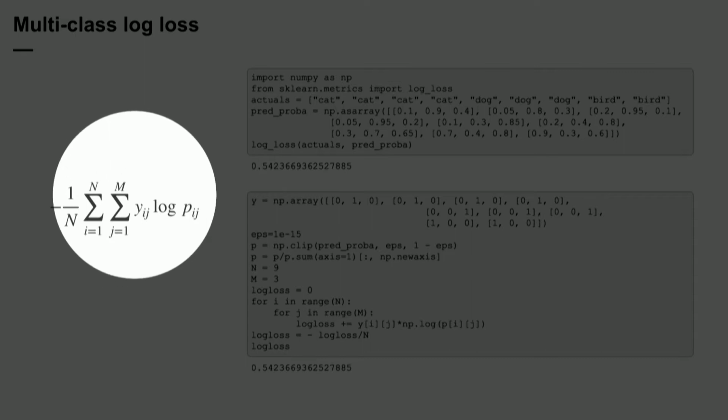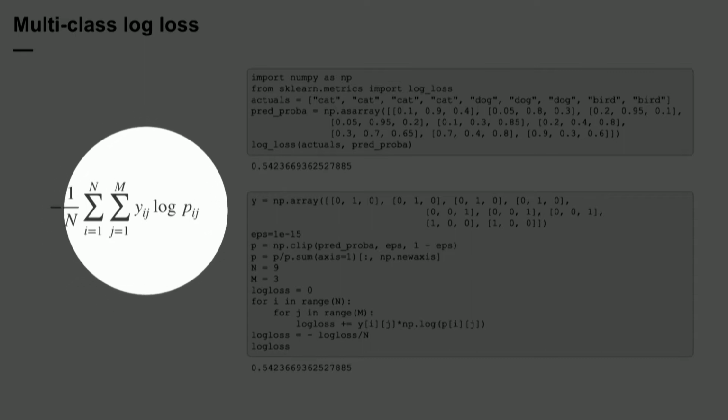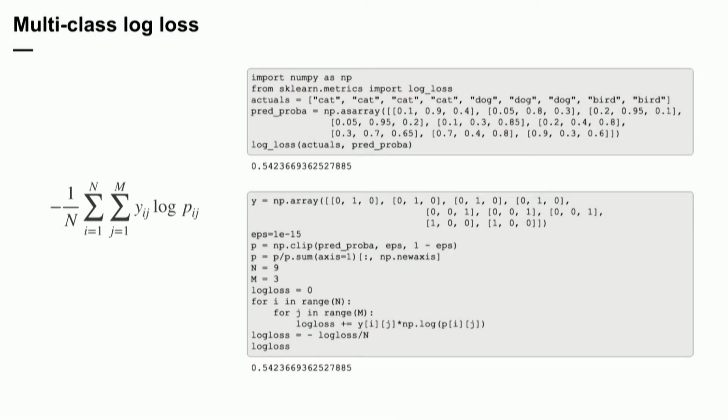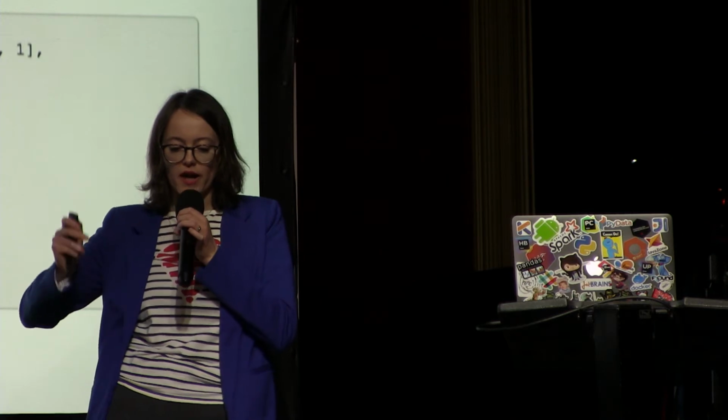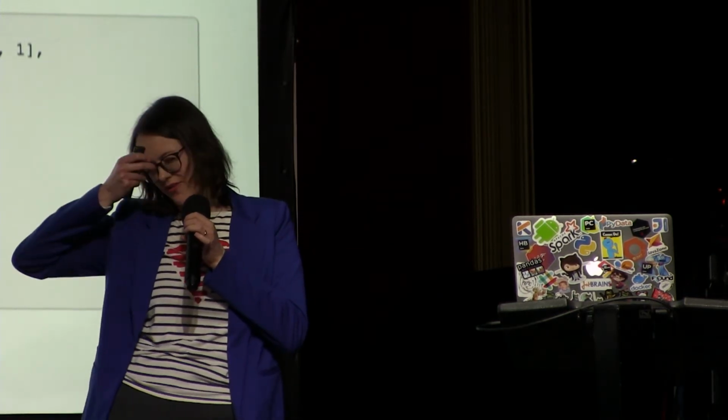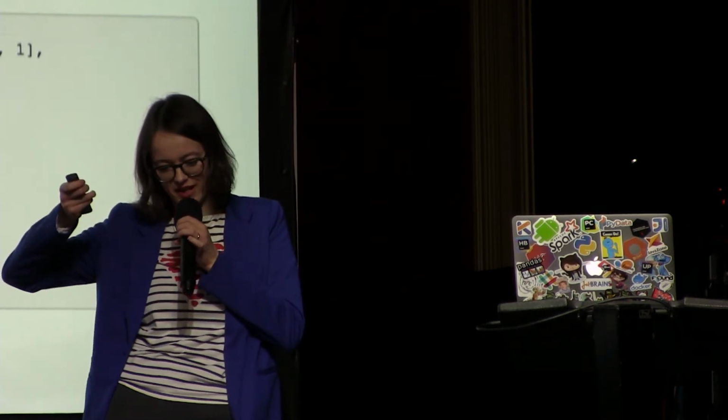M is the number of possible classes. Y is a binary indicator: if, for an example i, j is the correct label.